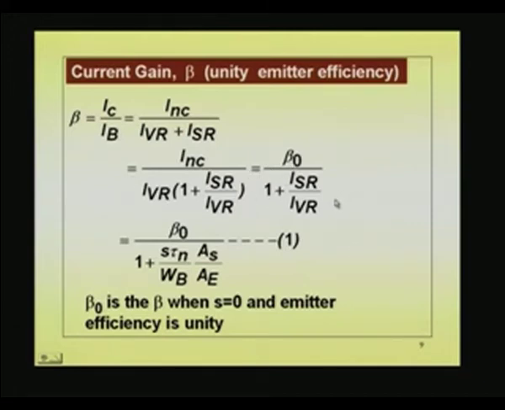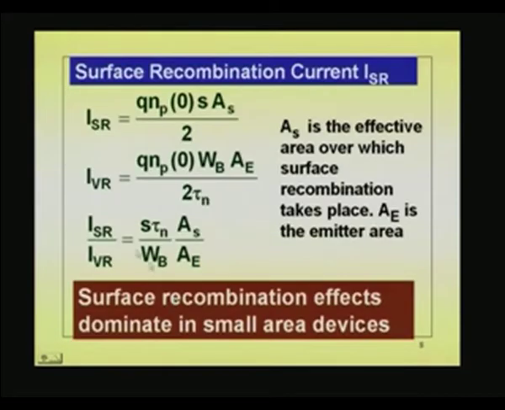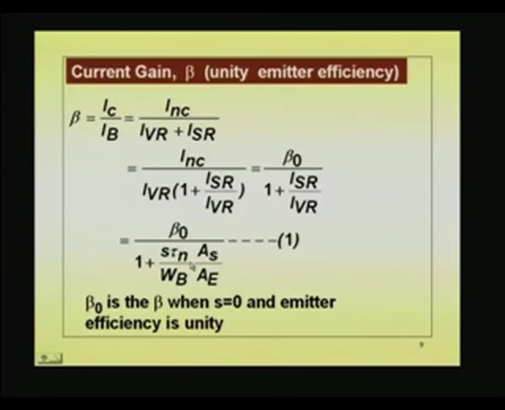Now, you can see the beta can get affected if the surface recombination current becomes large compared to IVR, and that ratio we have just now estimated as S tau by W into AS by AE, in the previous slide. ISR by IVR is that quantity, by taking these two ratios. I just put that term here, S tau by WB into AS by AE.